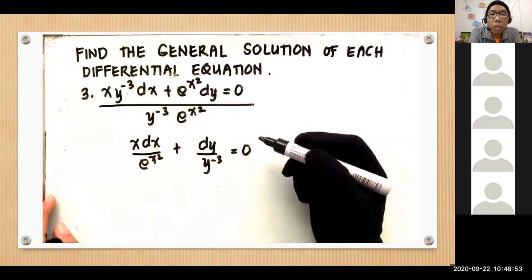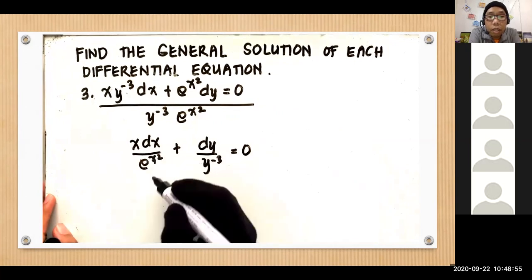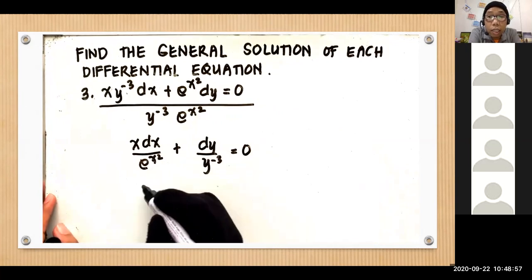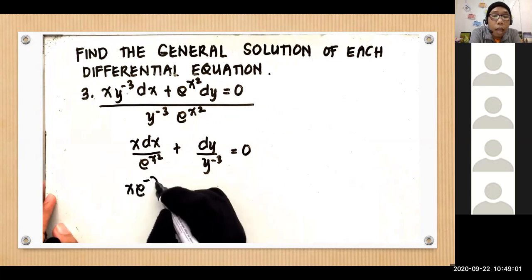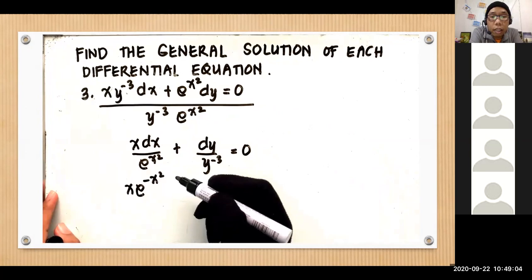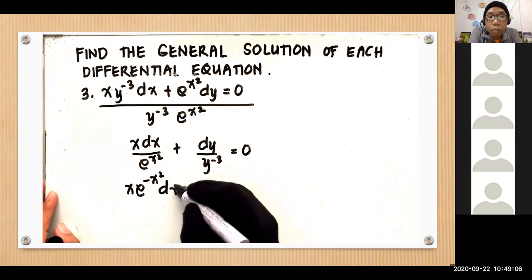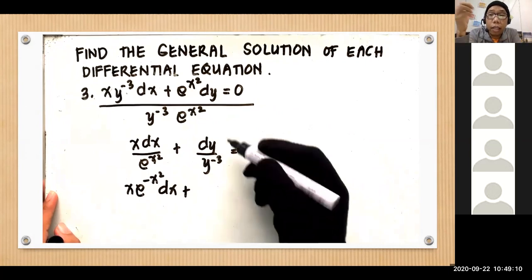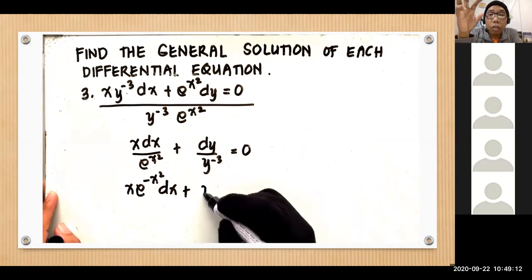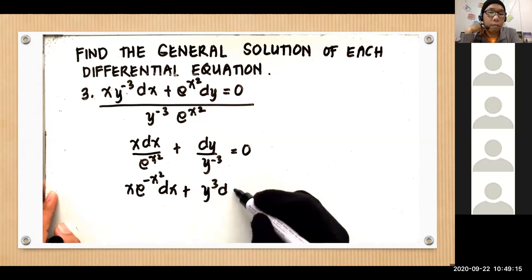So, may option ka na pwede mong i-transpose yung isa sa mga terms sa kabilang side, or you can work on this differential equation kasi pure function of x naman yung first term at pure function of y naman yung second term. So, pwedeng gano'n na lang muna yung gagawin mo as is mo na lang sa isang side, or pwede mong i-transpose na yung term na merong variable x sa kabilang side.